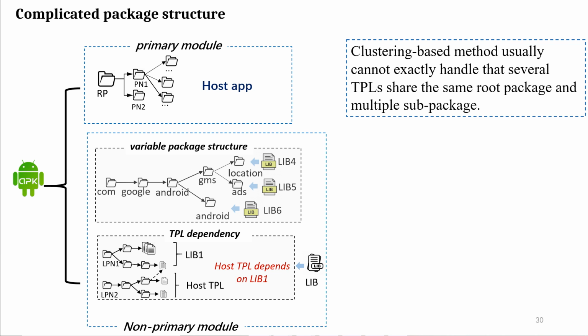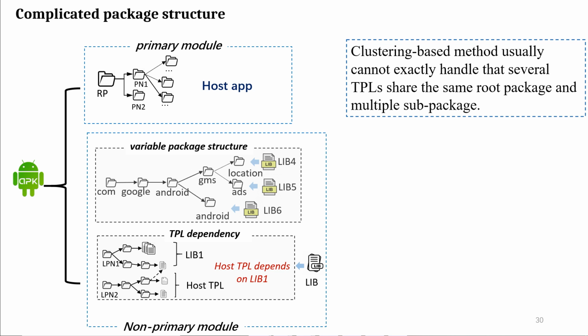And as for the second situation, which comes from the TPL dependency, we can see some parallel package structures. Actually, this is also very common. We can find many Java projects also built on other open source projects, and they have parallel package structures.